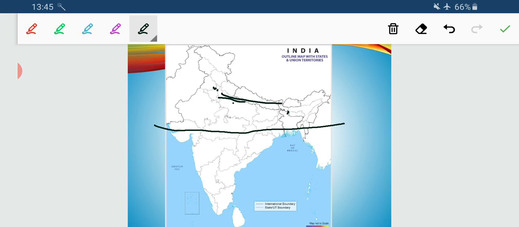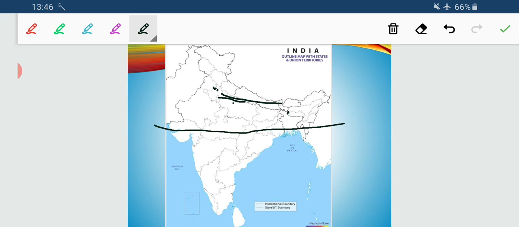Now when the places are situated on the same latitude, I am talking about Delhi and Darjeeling, do you assess whether the condition of the temperature is the same in both the places? Answer is no. Delhi is comparatively having a different type of temperature condition during the summer and during the winter, and Darjeeling is having different temperature conditions throughout the year.